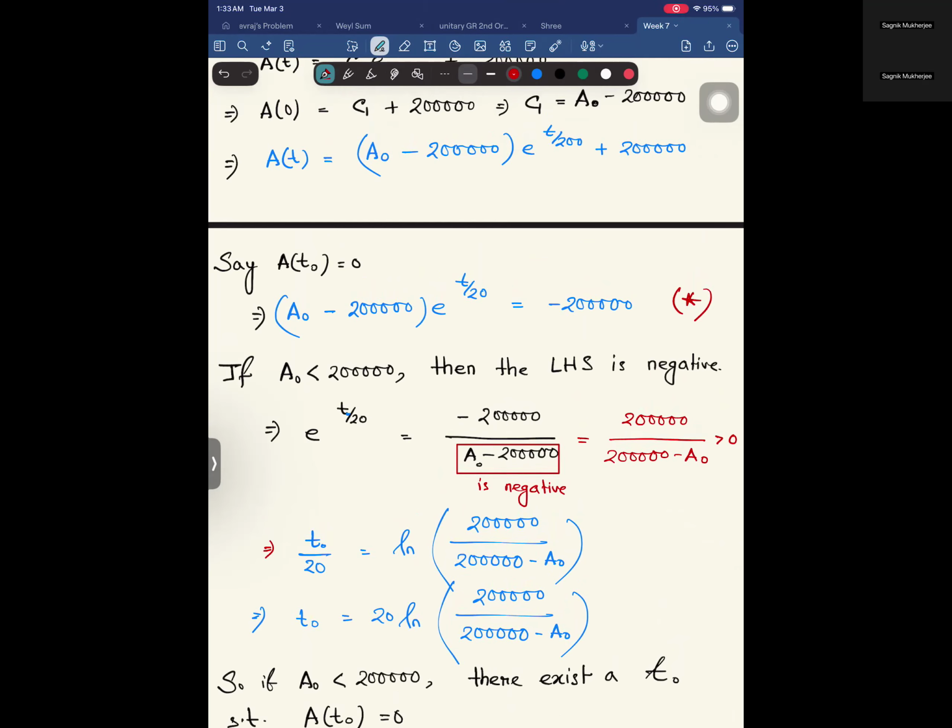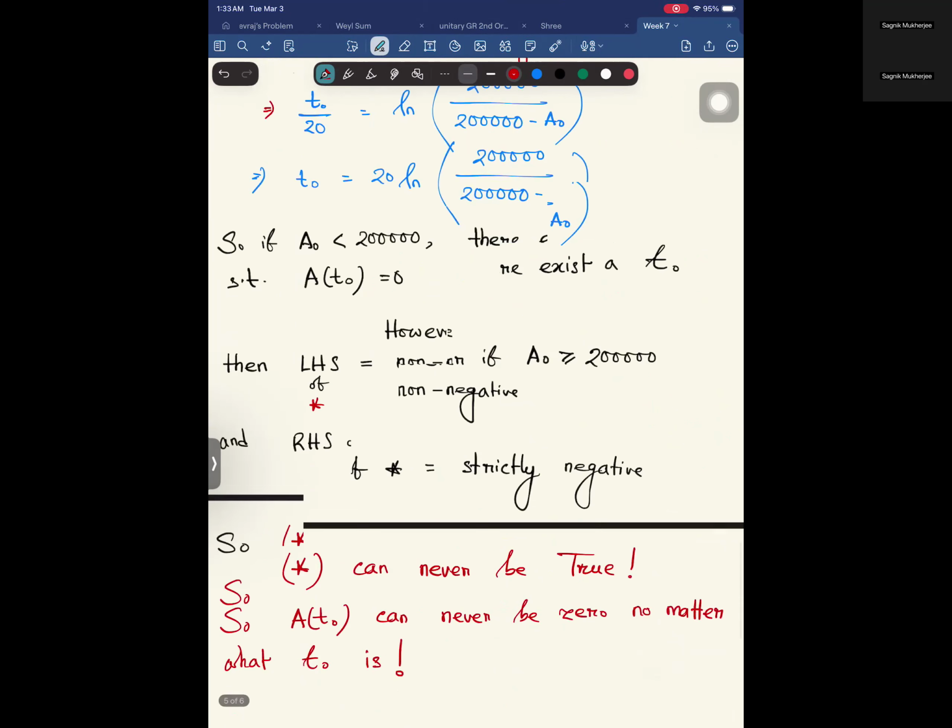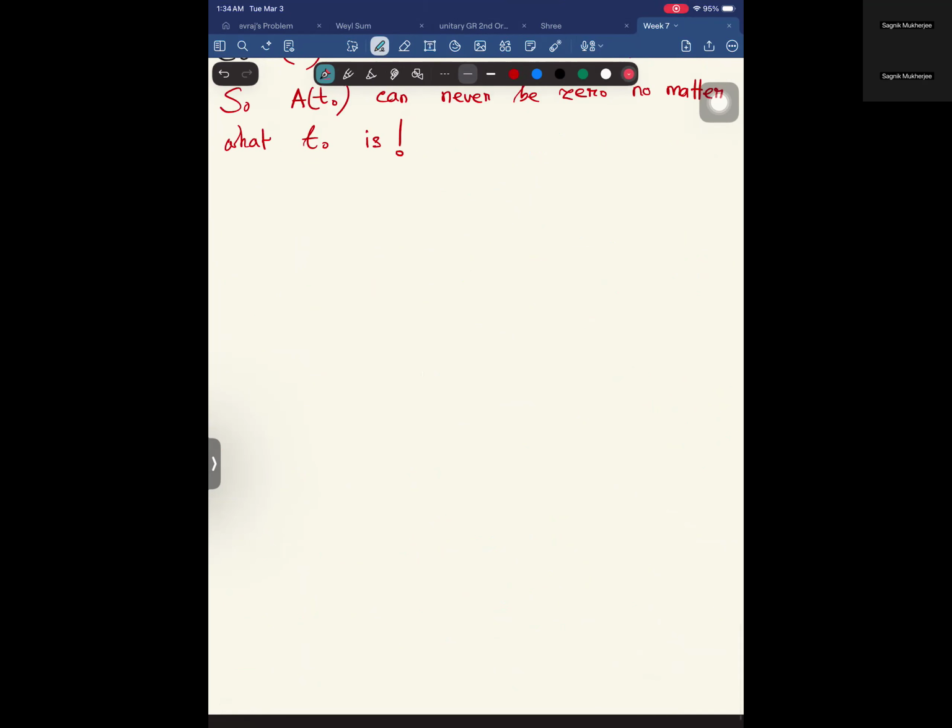Your initial deposit is 300,000. So now I leave number F for you. This is kind of a brain teaser, so I expect you to do it. The question is, the differential equation is this, and the initial condition is this, right?